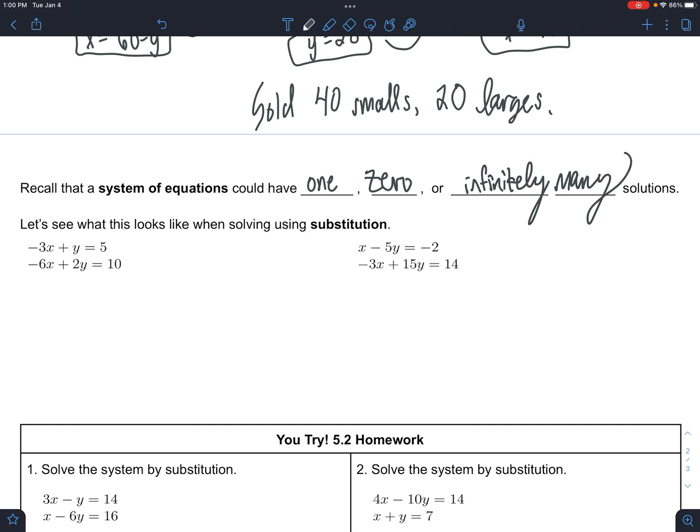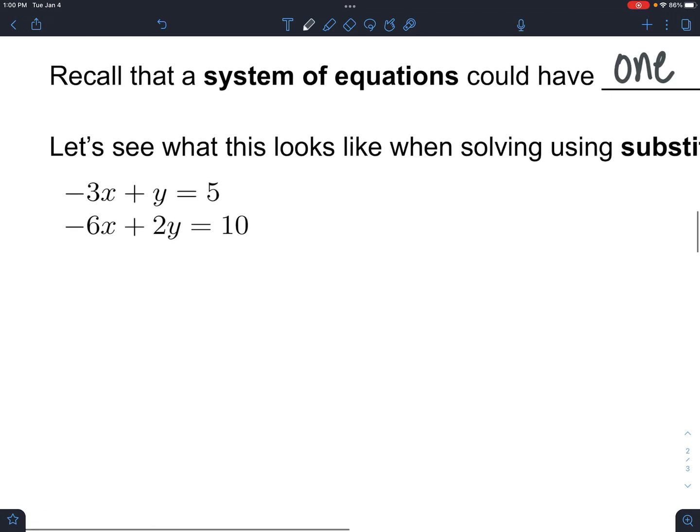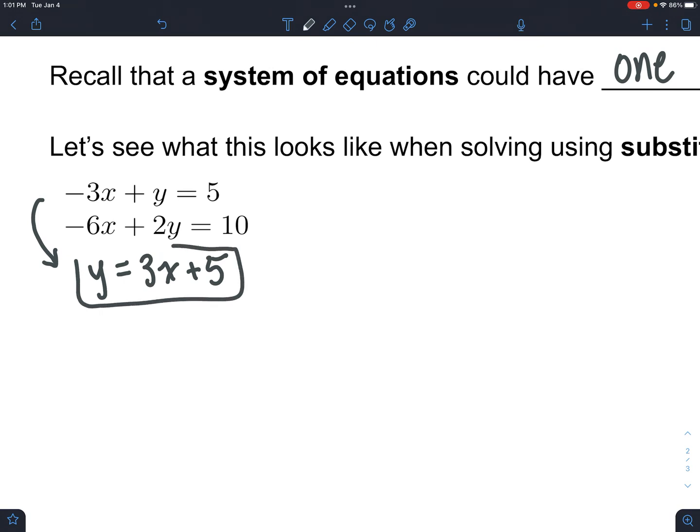Okay? So if I go ahead and use some substitution to solve these, let's see what happens. So I'm going to take the top equation, because remember, our first step is to isolate one of the equations. So I'm going to move the 3x over here, and now I get an isolated equation for y.